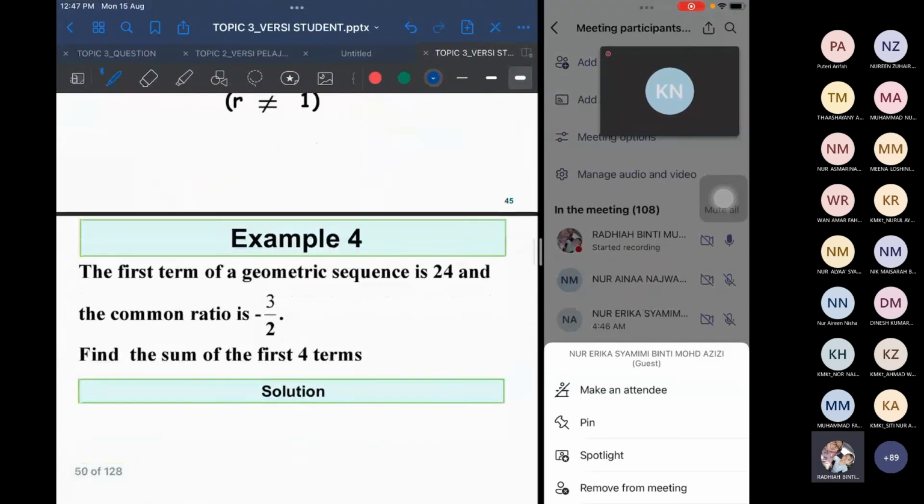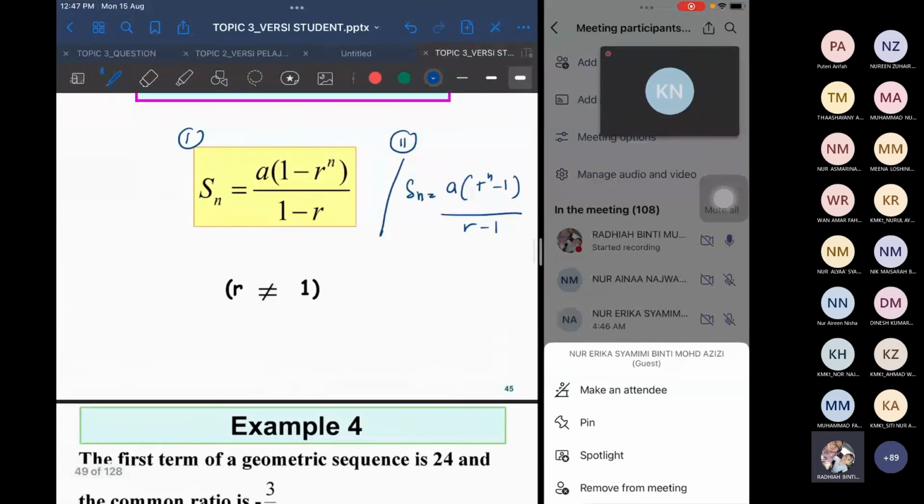Sn is equal to A darab dengan R power of n minus 1 divide by R minus 1.